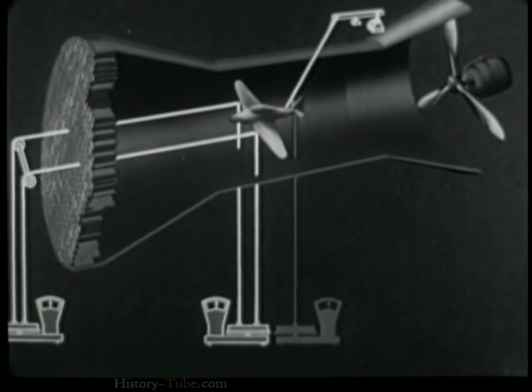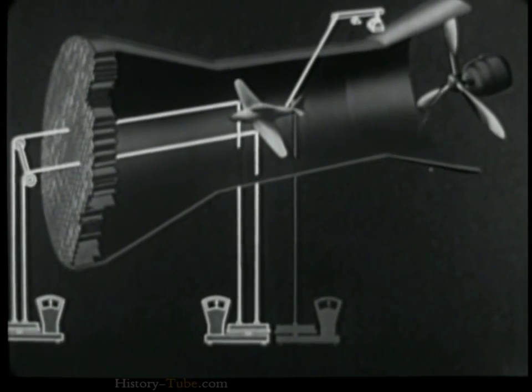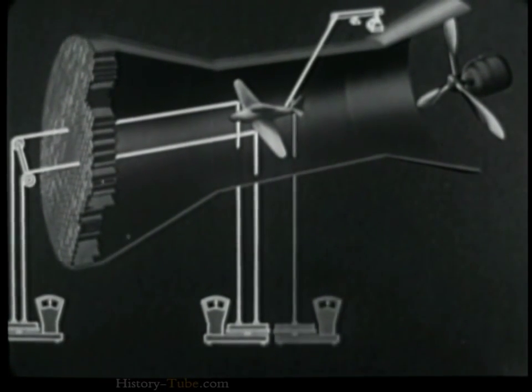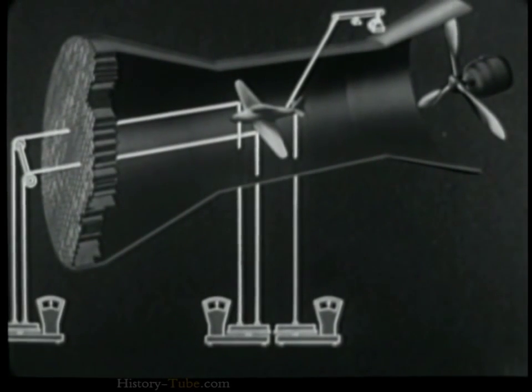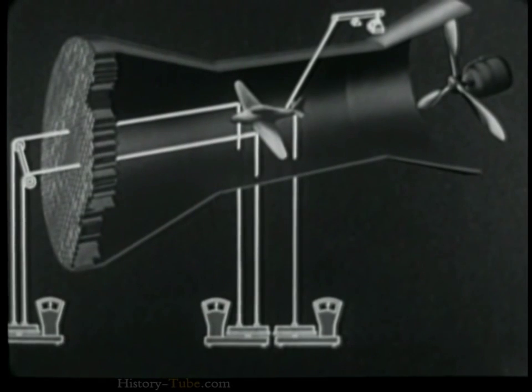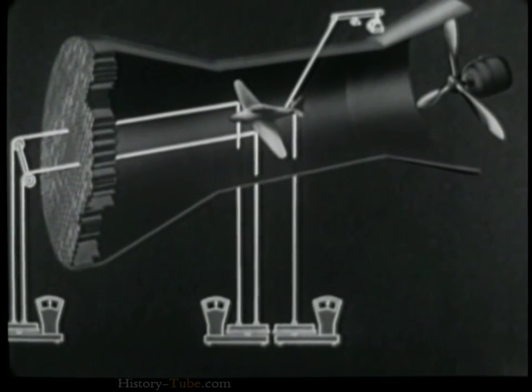A second pair of wires runs vertically downward from the wings to another scale. Finally, a wire extends from the tail down to a third scale. In this way, the model is suspended so that the various forces exerted upon it may be measured.